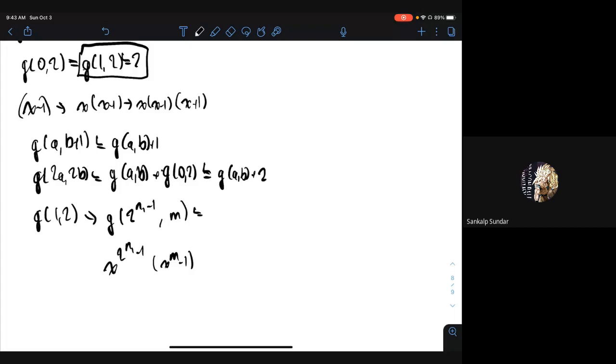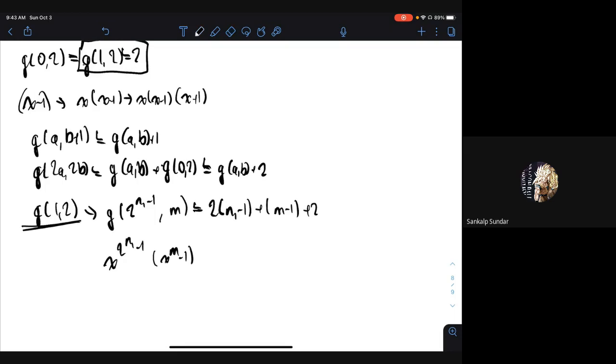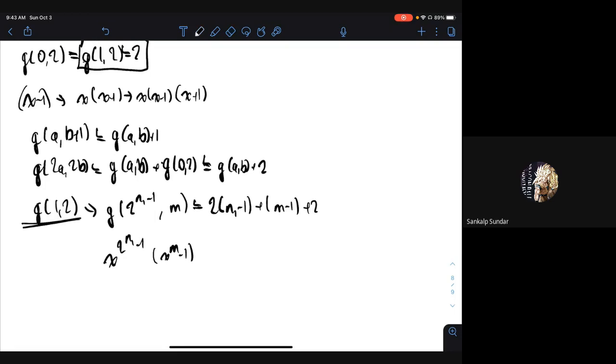So this is less than or equal to 2 times n1 minus 1 plus m minus 1 plus 2, because the 2 is just for the initial step. Clearly each of these factors is less than log m.